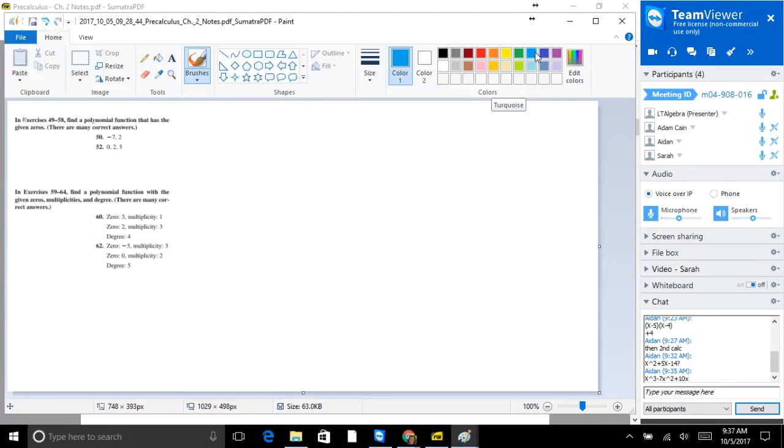There are many correct answers. So let's take number 62. We have a zero at negative 5, and it has a multiplicity of 3.